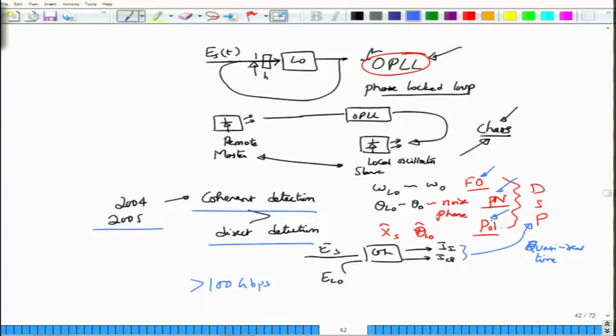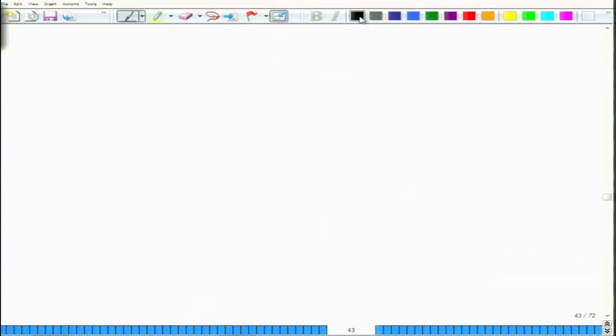But in this module what we want to do is to look at our signal space analysis and bring out a simple comparison between on-off keying and a coherent receiver for a BPSK system. Please remember that this is a very simplistic comparison, in the sense that a lot of the choices you need to make between a direct detection receiver and a coherent receiver are not going to be covered.